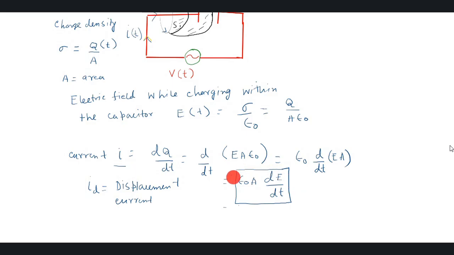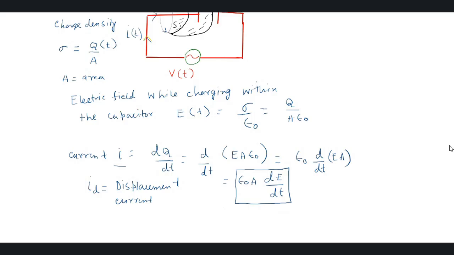It is not due to the flow of charge. It is due to the change in electric field. So that is how Maxwell modified Ampere's law.